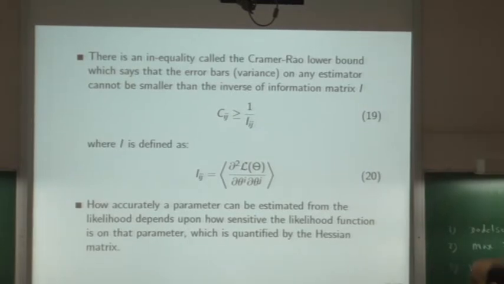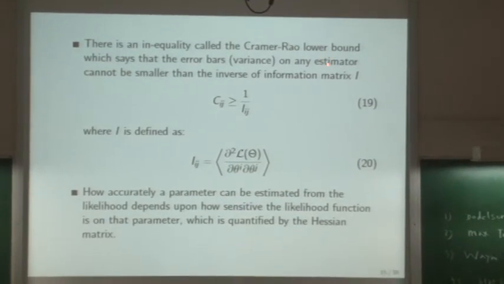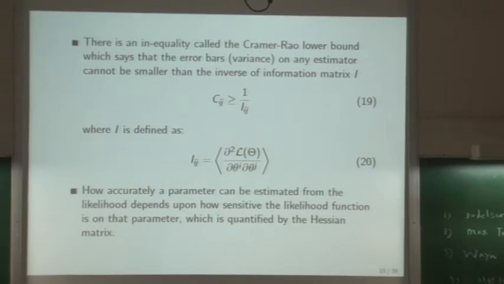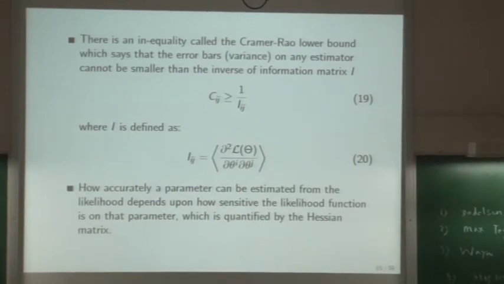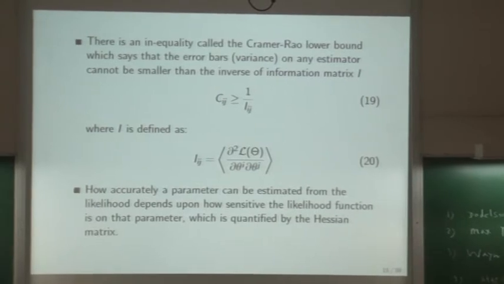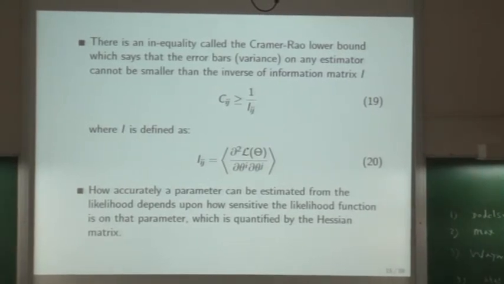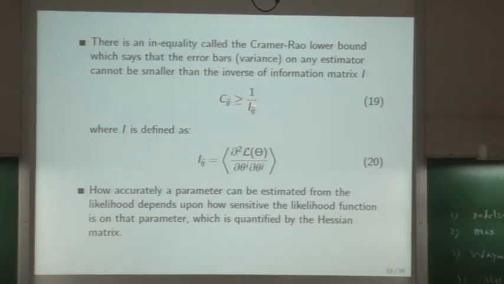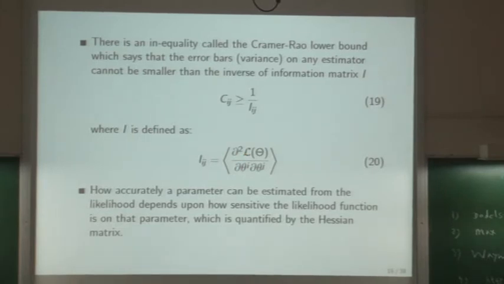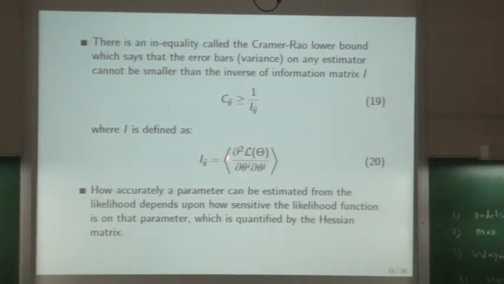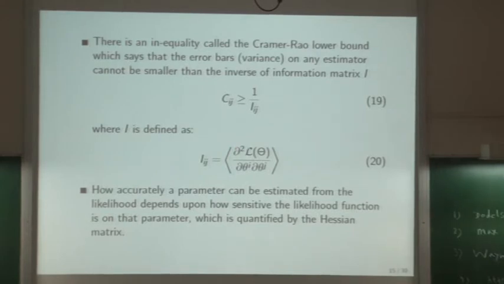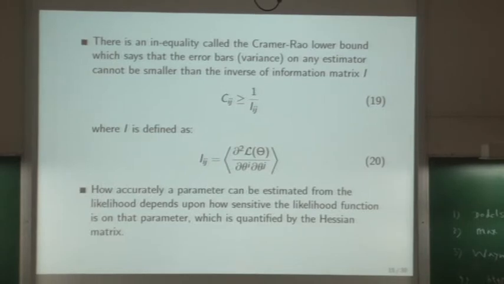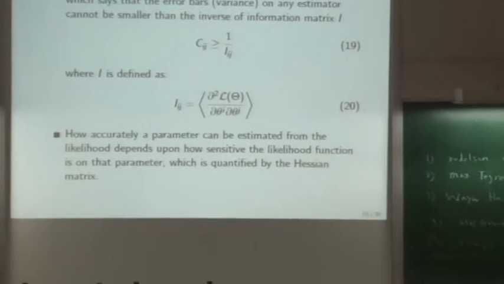And there is a theorem called the Cramer-Rao lower bound, which says that no matter what estimator you have for a parameter, the variance on it will always be greater than 1 by this matrix I, where matrix I is directly related to this Hessian matrix. So without going into technicalities, what does it mean?